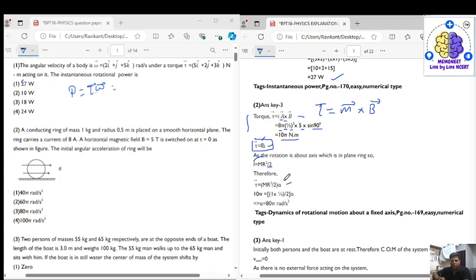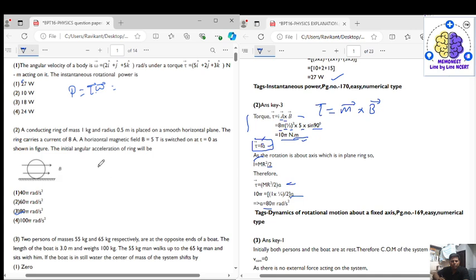Equating both the torques, the one calculated using rotational motion and the one calculated using magnetism, since both torques are the same, finally we get alpha is equal to 80 pi radian per second square. So the correct answer for question number 2 is option number 3.